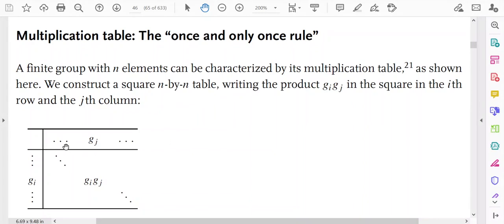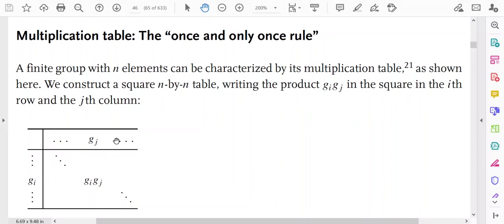That is, you write n elements in the header and you again write n elements in this particular column. So you have to write the elements in this way, one by one, in the header and in the left hand side column. And for each of the elements, you take one element from the left hand column and you multiply it with the elements written in the header, and you write the product step by step in this position.